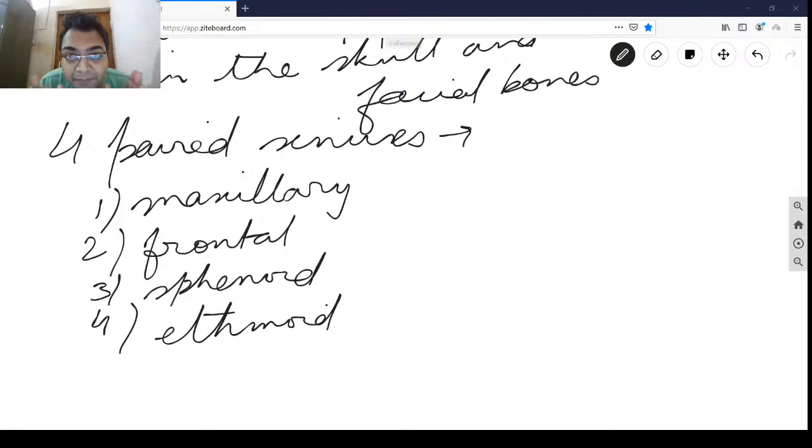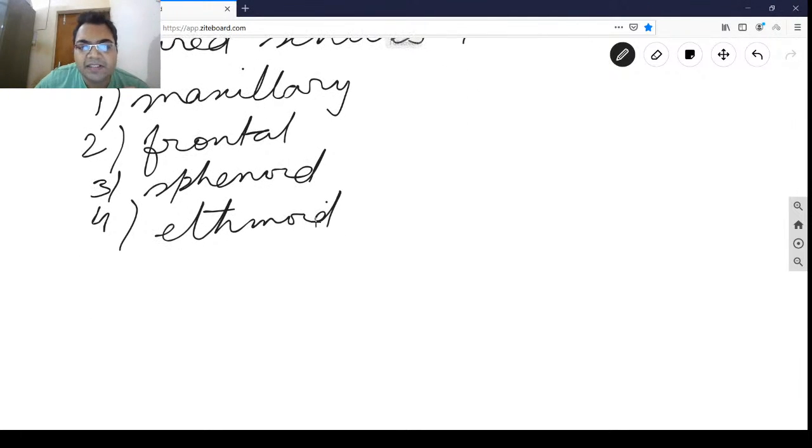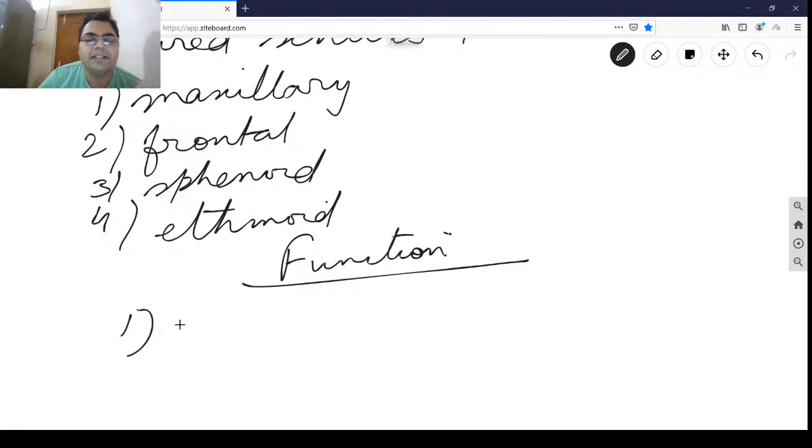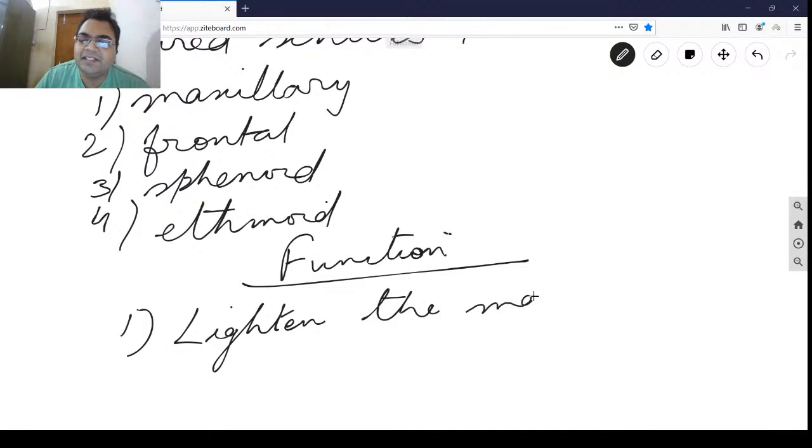They have pseudo-stratified ciliated epithelium inside, so they help to lighten the weight of the head. The main function is to lighten the mass of the head, as per physics.